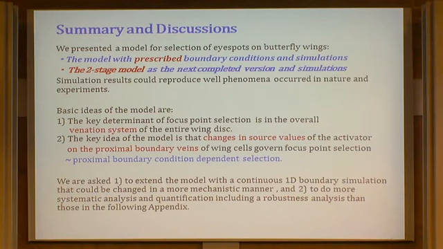But we are now facing mainly two issues. The first is to extend the model with a continuous 1D boundary, so that the simulation could change in a mechanistic manner, not with a given profile function, a gamma function, that automatically produces a continuous profile.